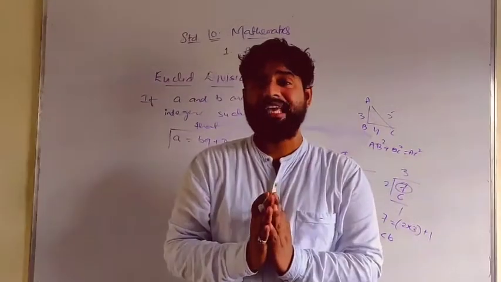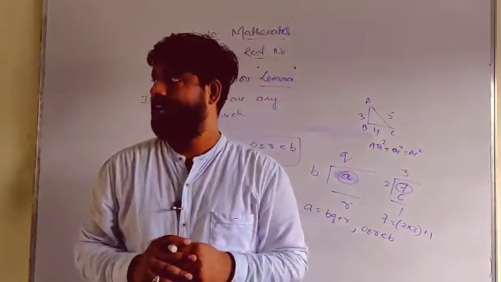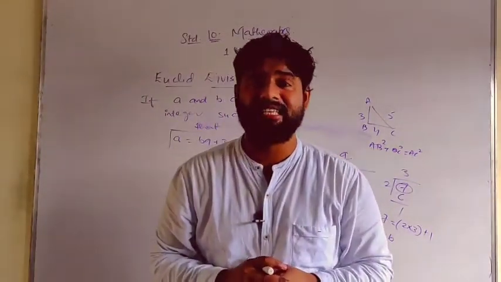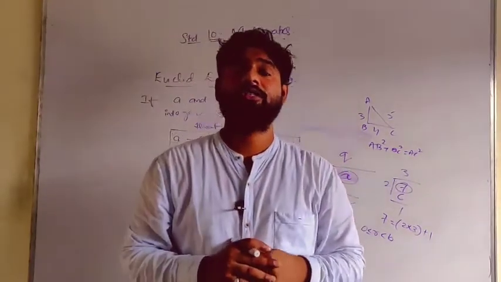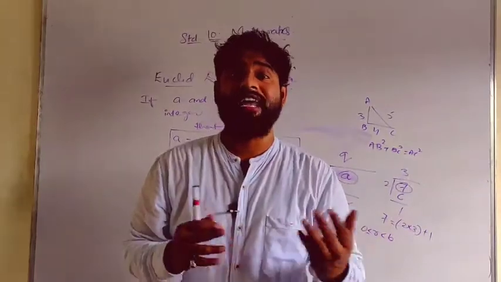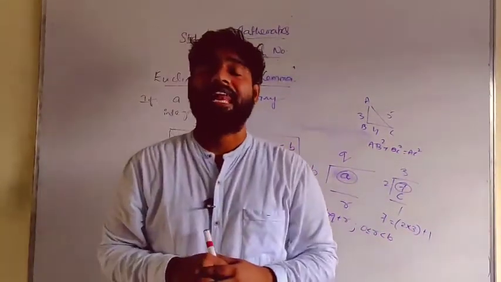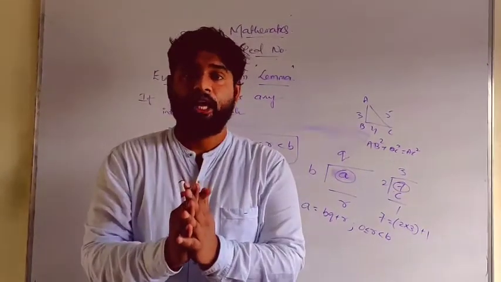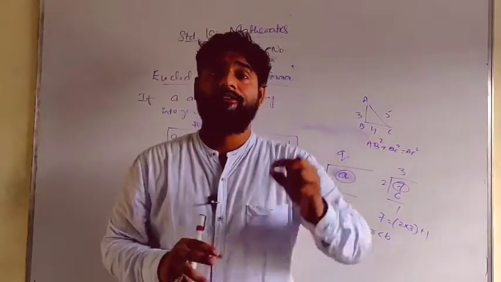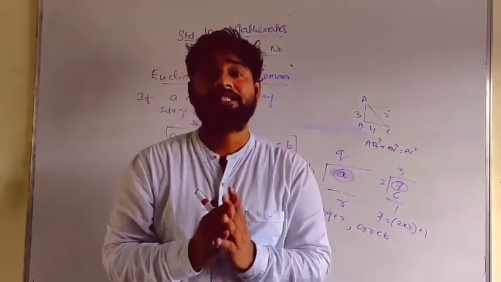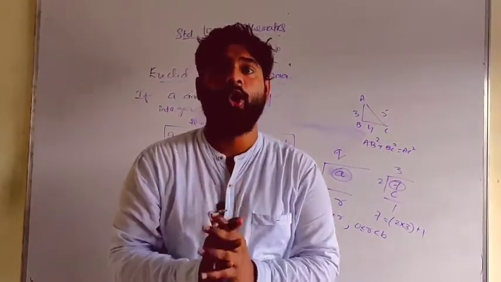Euclid, in order to prove any number as an irrational number, like suppose I have to prove root 2 as an irrational number, I have to use this Euclid division lemma. Suppose I have to find HCF using Euclid division lemma, so I have to use this particular lemma which is given by Euclid. So our very first exercise, that is exercise number 1.1, it starts with find the HCF of a particular number using Euclid division lemma. So let us start our exercise number 1.1.